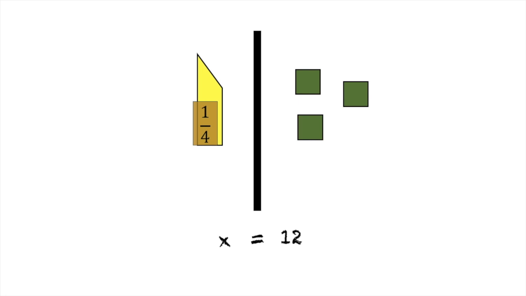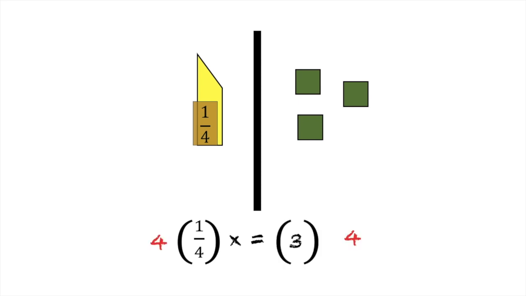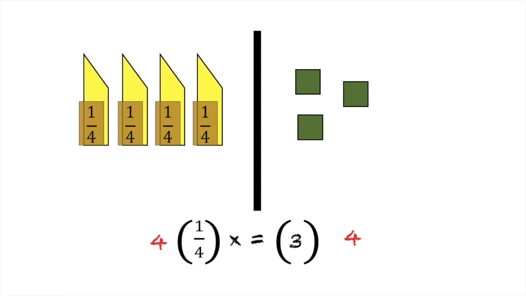So what did we do again? Our original equation was 1/4 x is equal to 3. We multiplied 1/4 and 3 by 4. With our materials, we are also going to take 1/4 x 4 times. So that's 1, 2, 3, and 4. Same also with our unit tiles.